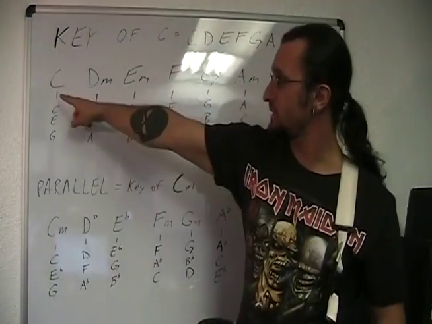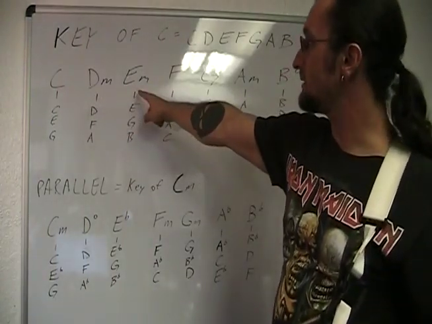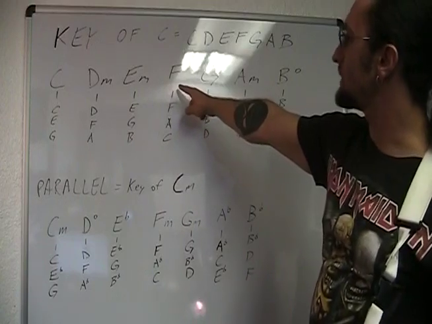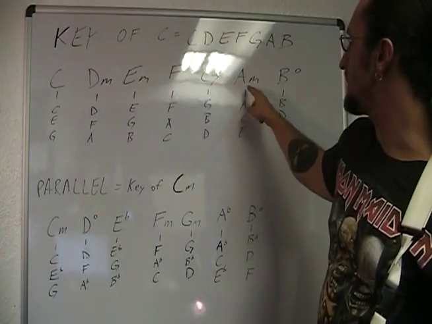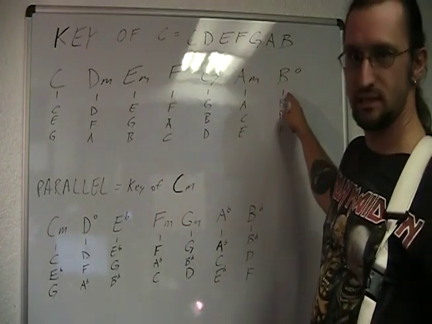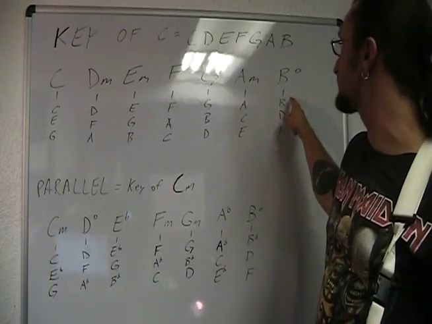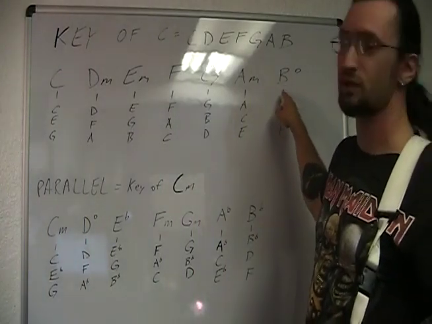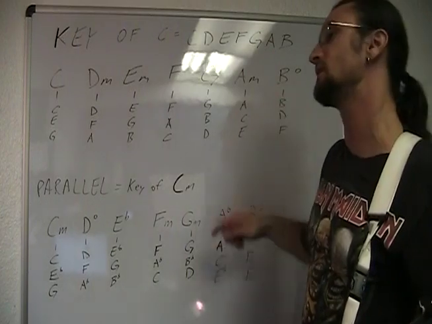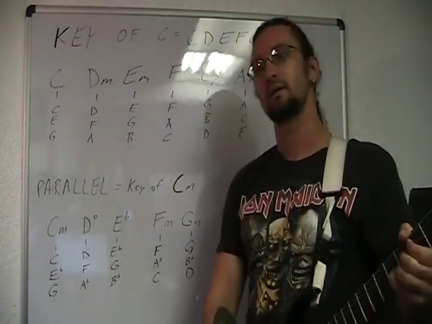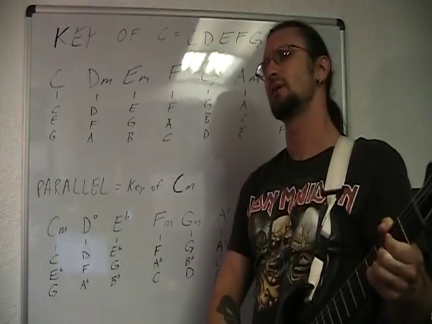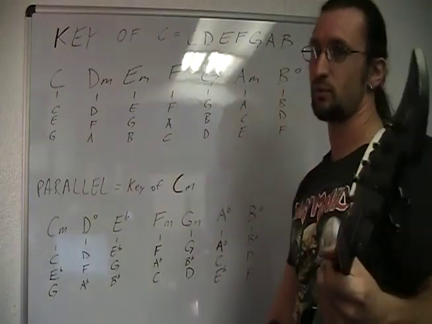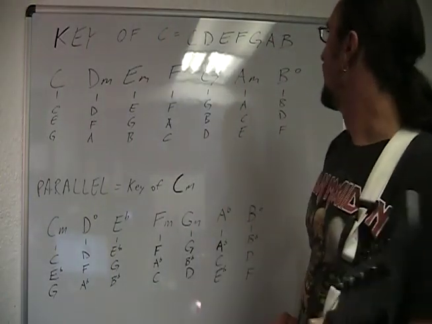This is where you get your C major, D minor, E minor, F major, G major, A minor, and B diminished. Now, the diminished one is not that commonly used because of the way it sounds. It's very abrasive, but it's definitely usable, and it is in key.